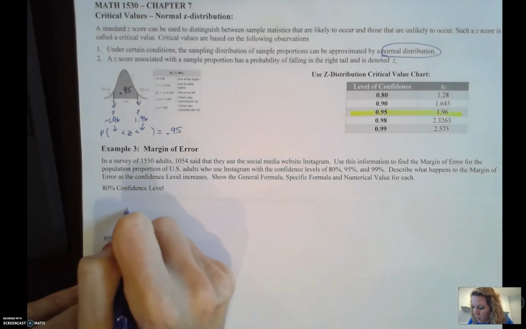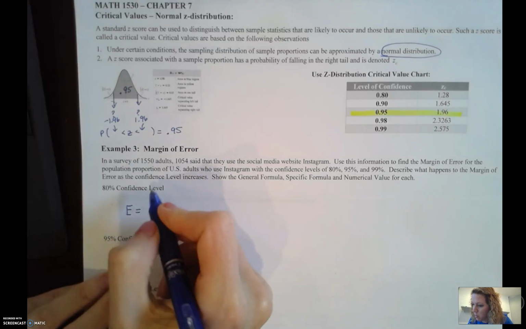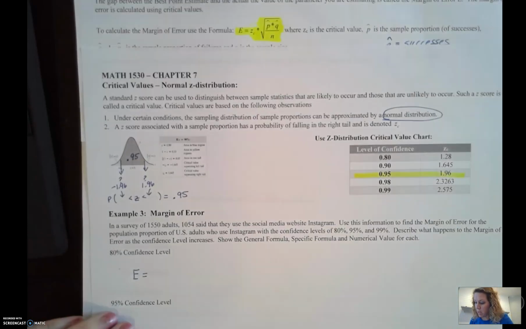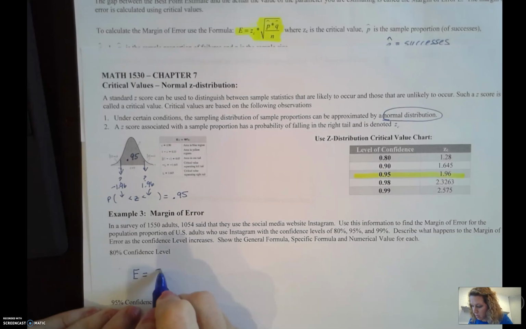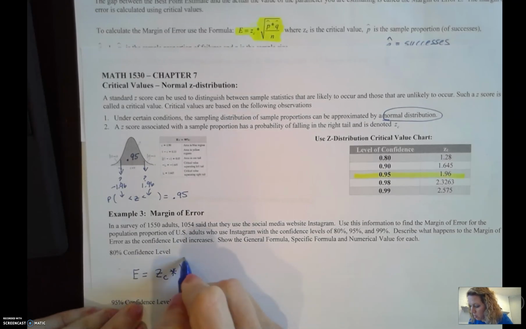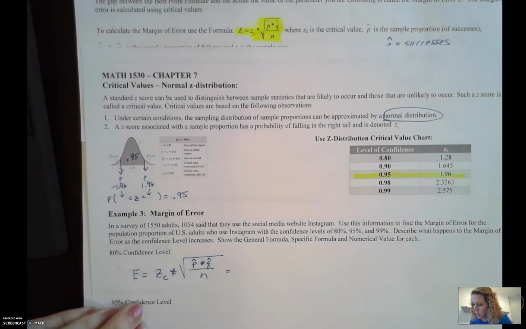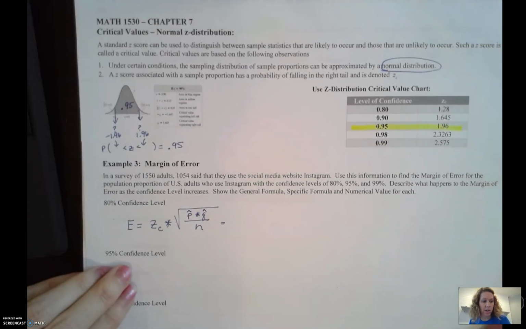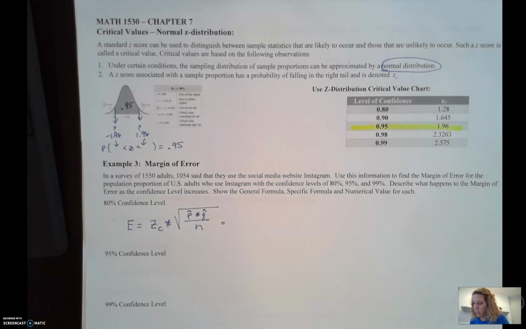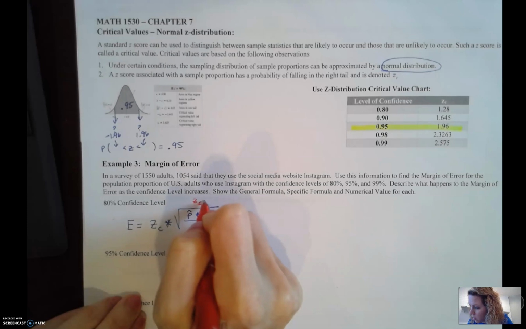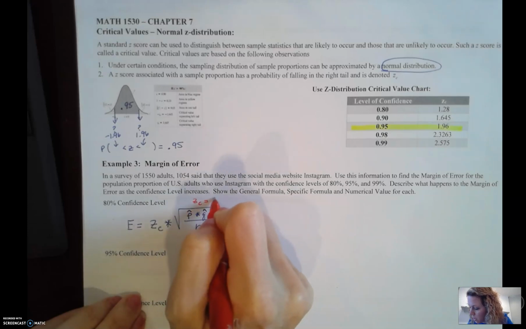So the formula first, we'll copy it from above on the previous page. Remember, it's going to be E equals the z critical value times the square root of p hat times q hat all over n. So let's find our values here. At the 80% mark, our z critical value is going to be 1.28.